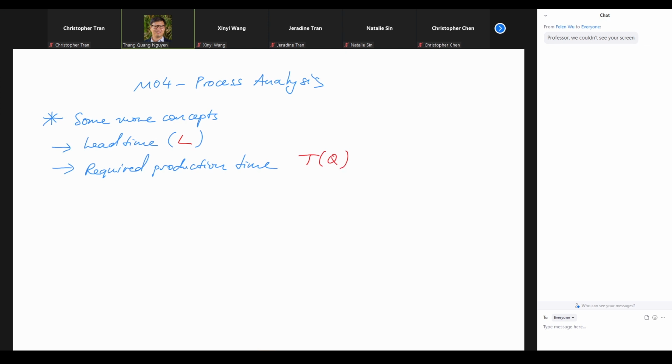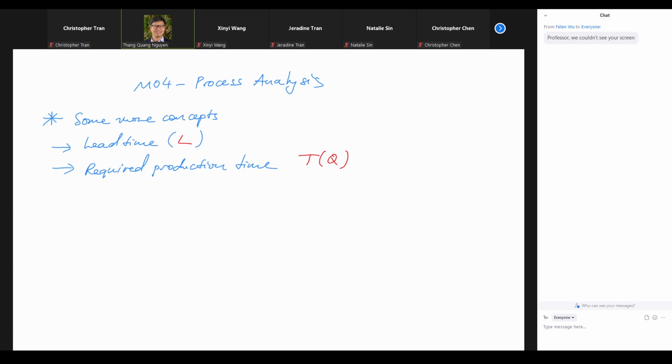So if, for example, the customer orders Q units, we as a manager have to calculate how long it takes to produce Q units through, okay? To be a little bit more specific, if you are the manager at a Pizza Hut restaurant, then somebody has a birthday party on that day, they call in to order 20 pizzas, right?